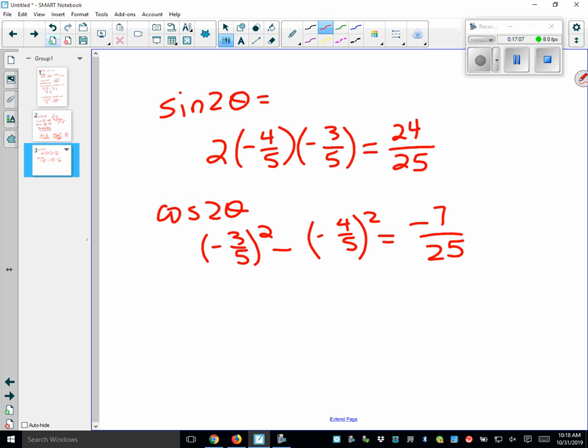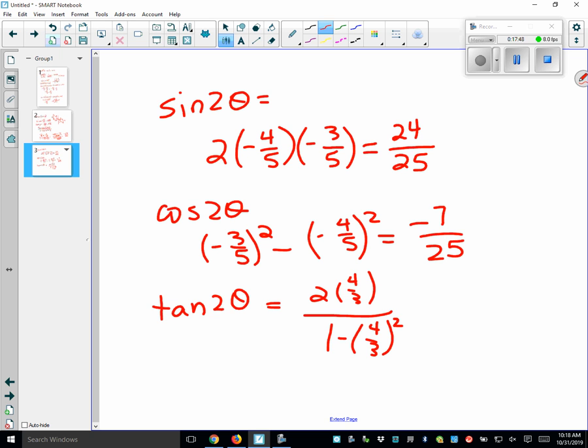Now, let's find tangent of 2 theta. You know that formula? I would do the formula and then check it using sine over cosine is what I would do. What's the formula? 2 tan theta over what? 1 minus tan squared. What's the tangent of this angle? 4/3. So is this 2 times 4/3 over 1 minus 4/3 squared?